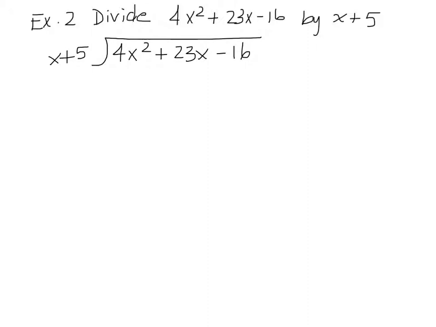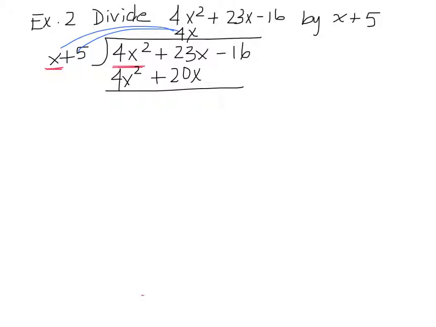So now we're going to divide x plus 5 into 4x squared plus 23x. So I'm going to look at my first term. X into 4x squared would give us 4x. And notice I'm lining it up with the x's. And then you just distribute. So you get 4x squared plus 20x.